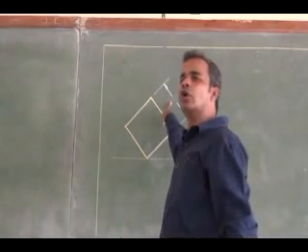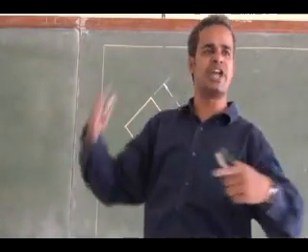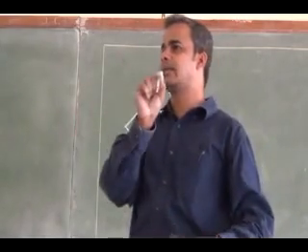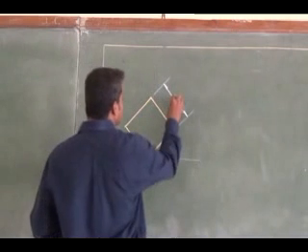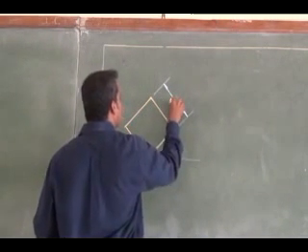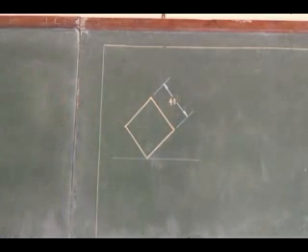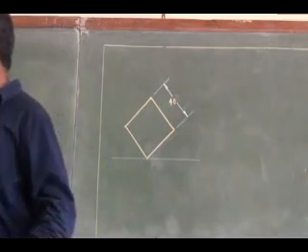The dimension value 40 you have to insert it. Since it is an inclined dimension, how I have to write it? Horizontally I have to write it. Right, you insert it. So this is 40 and the writing should be horizontal. The writing should be horizontal. It is unidirectional. The writing should be unidirectional.